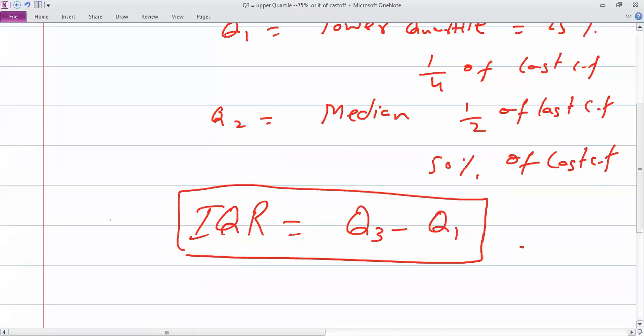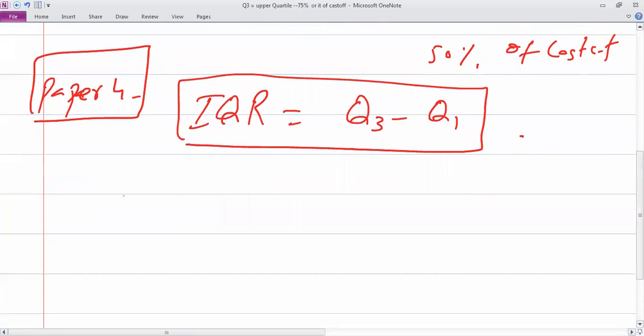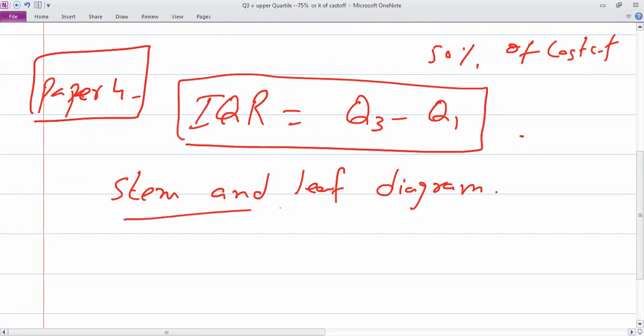So these things you have to do in the cumulative frequency. It is a must question. In paper 4, cumulative frequency is a must question, keep in mind. And then in statistics we have the stem and leaf diagram, and then there is another diagram, the skew diagram.